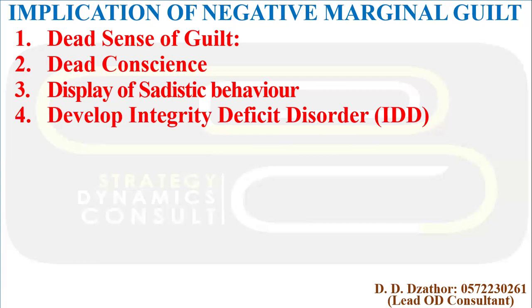And when people get to this level, they do not care about doing things for their personal benefits, and it is they and they alone. Whatever happens to individuals, environment, or institutions as a result of their actions, they care less about that. So this is what I call the negative marginal guilt.